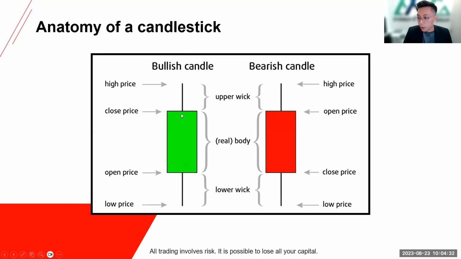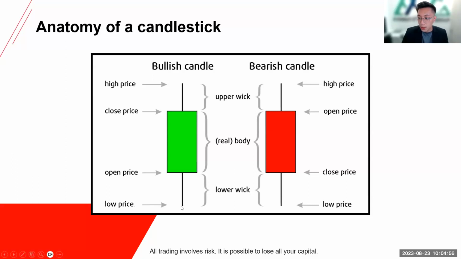Then the close price will be right here. So if the open is from the bottom and it closes here, you can see there's a very obvious green candlestick, right? So this shows that there is bullish momentum. We can also see the wick is right here. This is the upper wick and this is the lower wick.